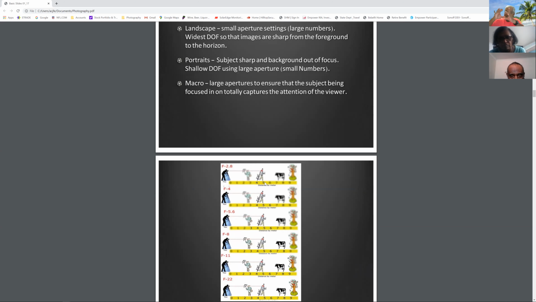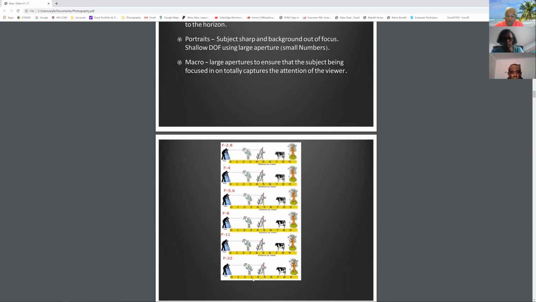If the aperture is very, very small, like a pinhole, that means f22, and then the focus area is really long, really big. So you can focus from about number 2 to number 9 or 10. The whole area is in focus.